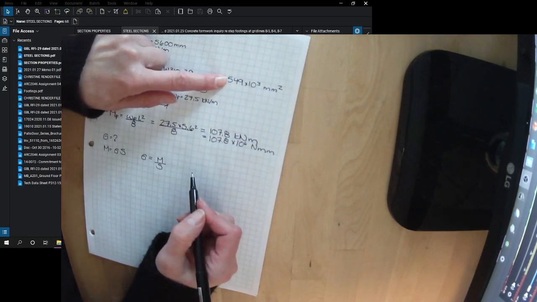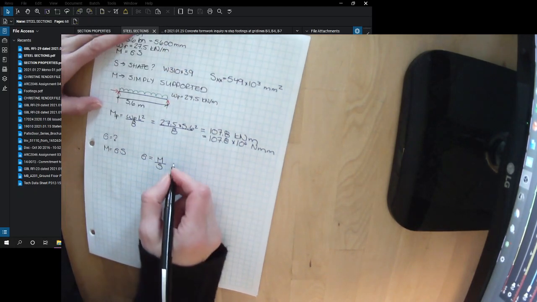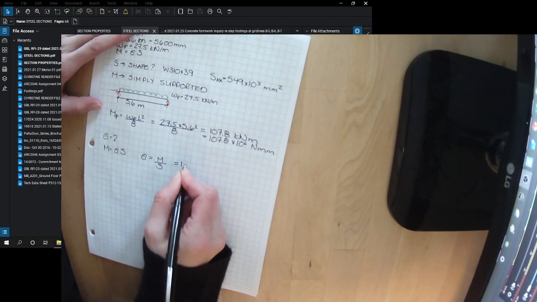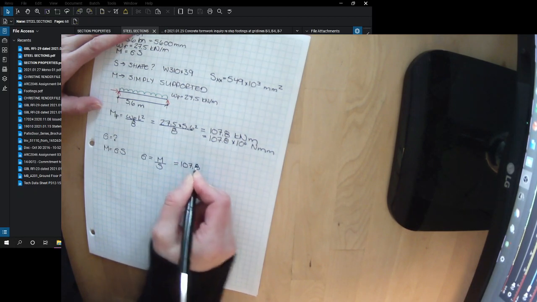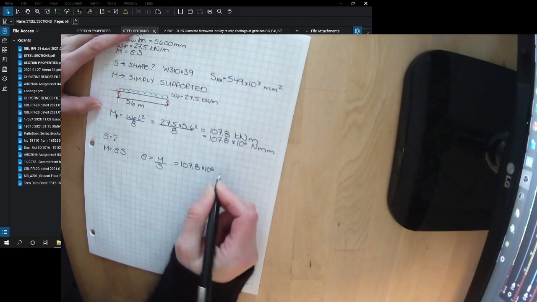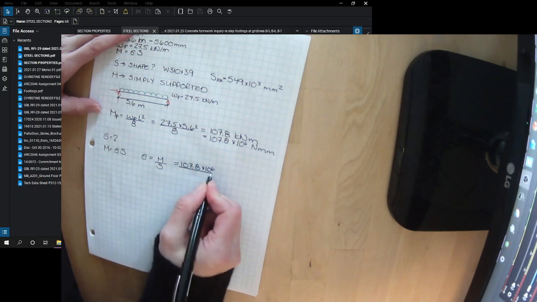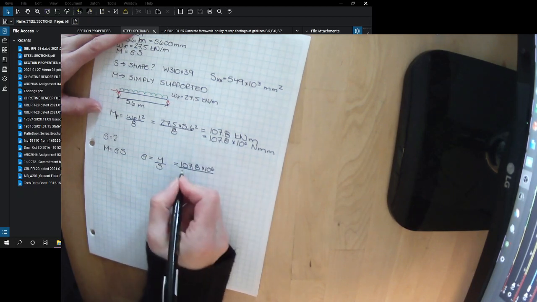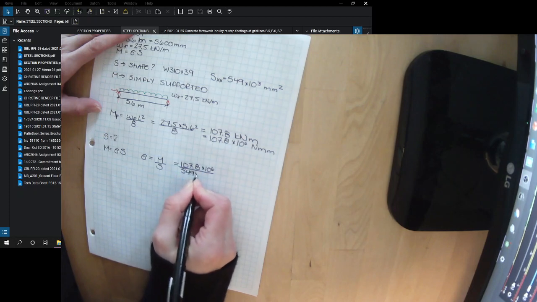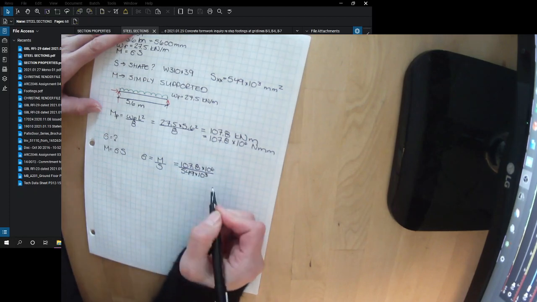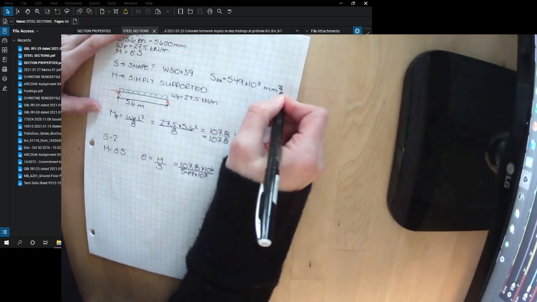We know what S is. We can calculate what the stress is. We have 107.8 times 10 to the 6 Newton millimeters. And our SX is 549 times 10 to the 3 millimeters cubed.